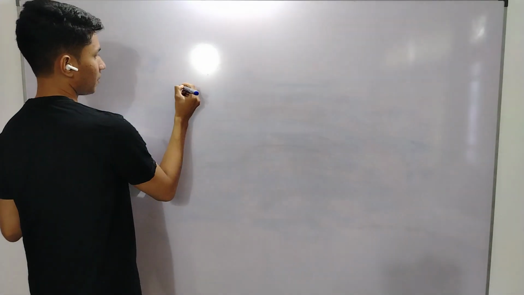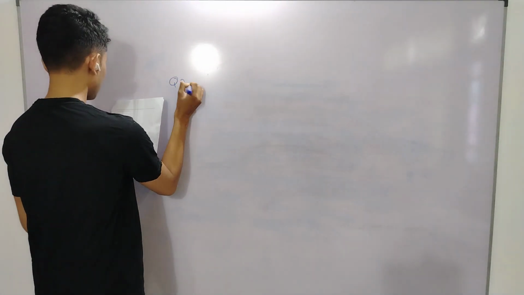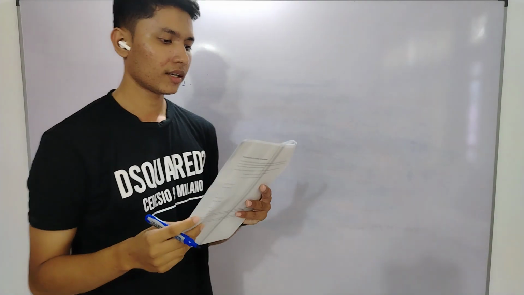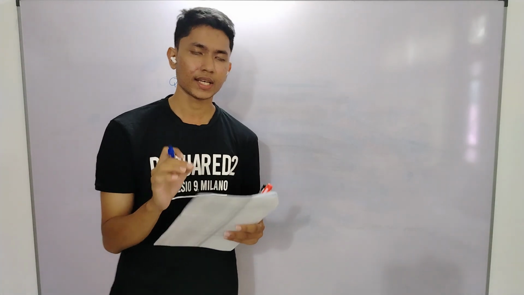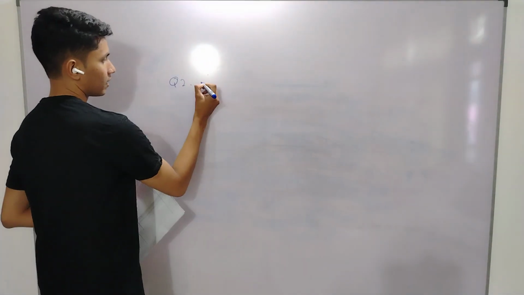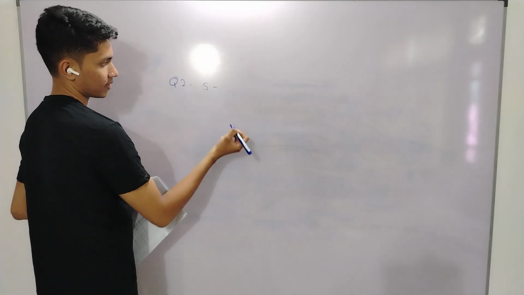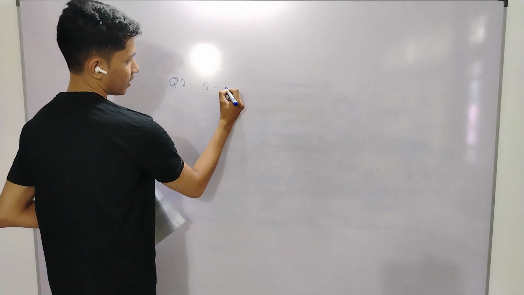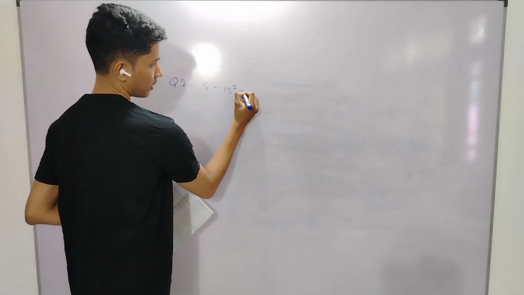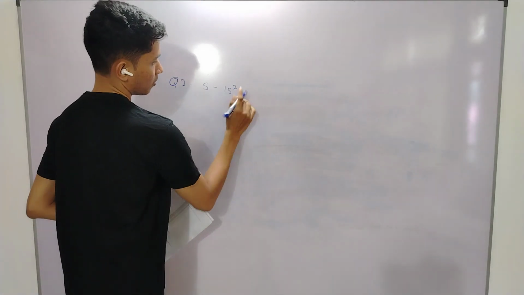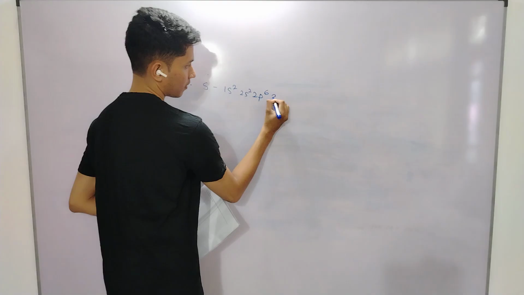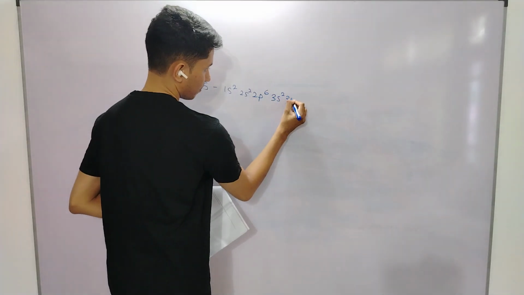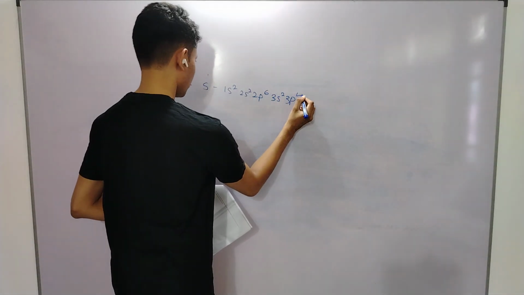Okay. Question number 2. Determine whether the following atoms will undergo excitation or not, and determine the valency in the ground state and excited state. So we have sulfur as the first example. What's the electronic configuration of sulfur? 1s2, 2s2, 2p6, 3s2, 3p4.